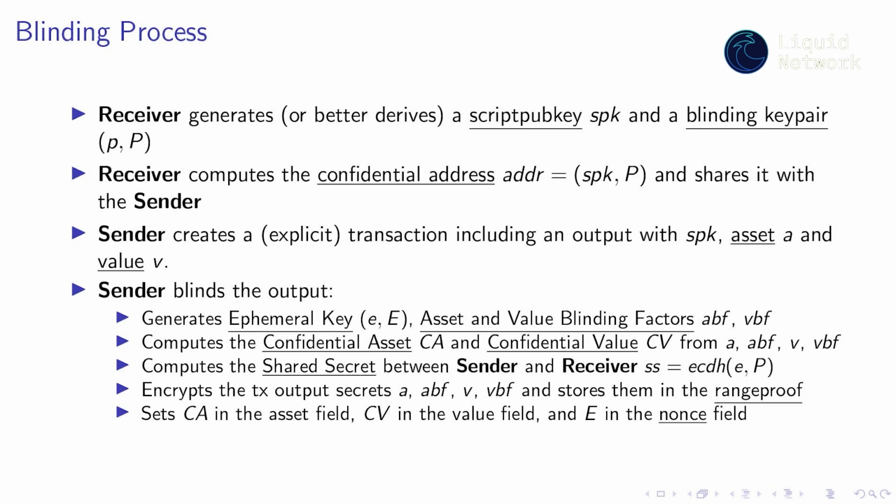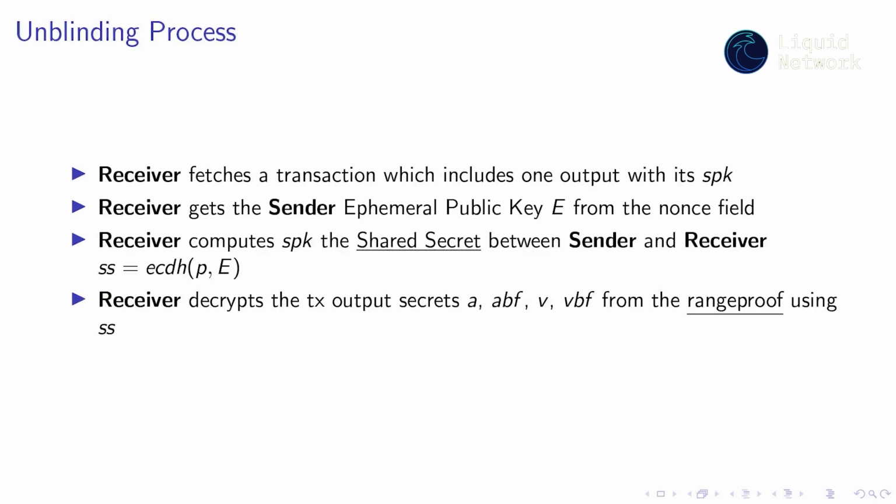So basically you are encrypting the unblinded values, which are the asset, the value, and the blinders, in the range proof. And then later the receiver will need to unblind them. So basically it will fetch a transaction, which will be recognized as owned by the receiver, since it has the receiver's script key.